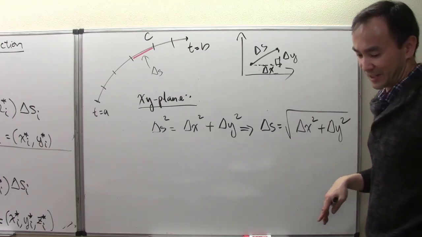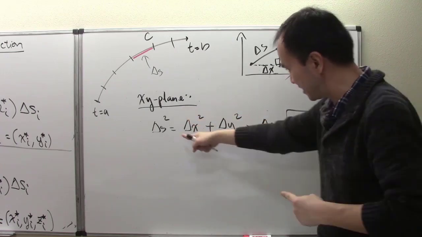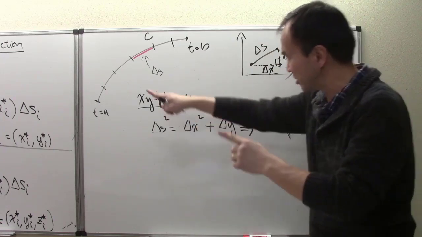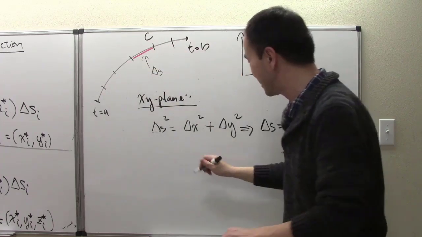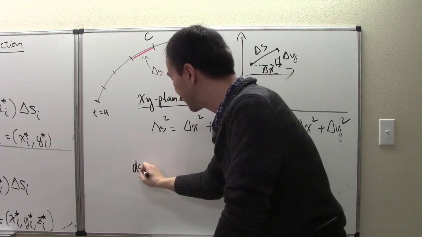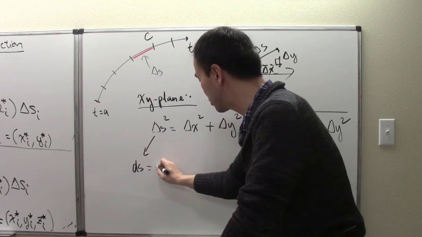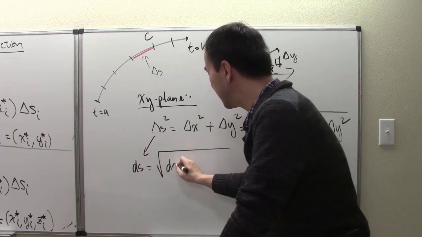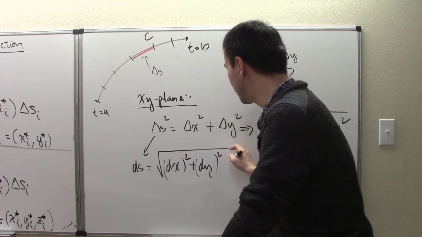Okay, and so that means when it gets to the infinitesimally small version, where we keep breaking the same arc down into infinitely many subintervals, delta S becomes ds. So ds equals the square root of dx squared plus dy squared.